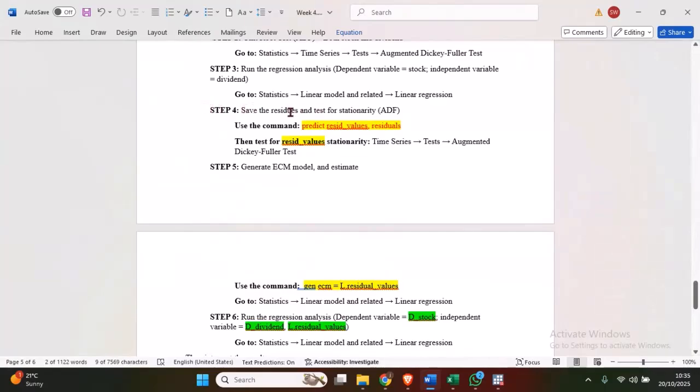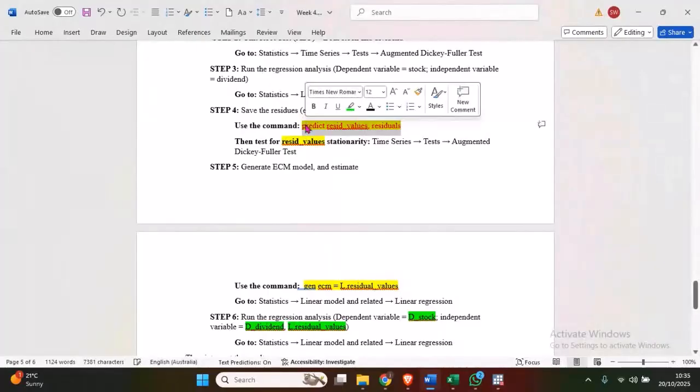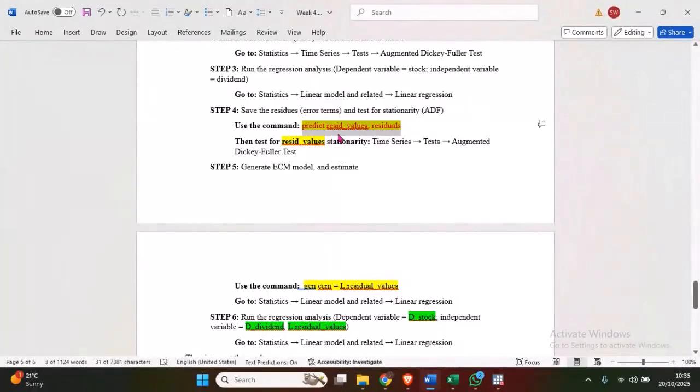The residuals are the same as error terms, and the error terms are what we test for stationarity. So we just use this command: predict the residual values, comma residuals, and then you test for stationarity of the residual values.